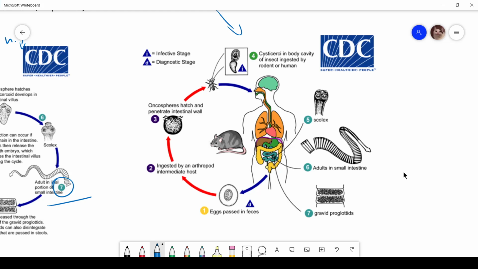Hymenolepis diminuta infection is acquired by the mammalian host after ingestion of an intermediate host carrying the cysticercoid larva. Humans can be accidentally infected through the ingestion of insects in precooked cereals or other food items and directly from the environment.